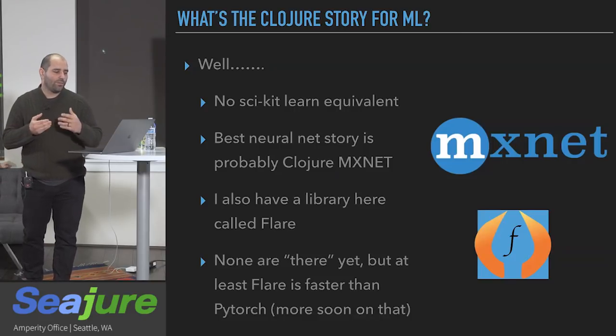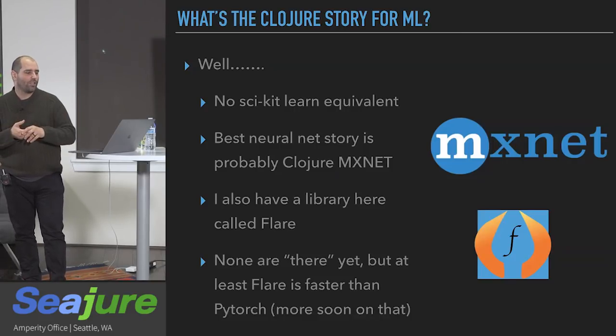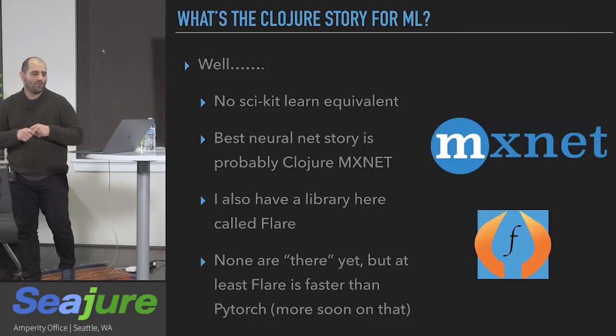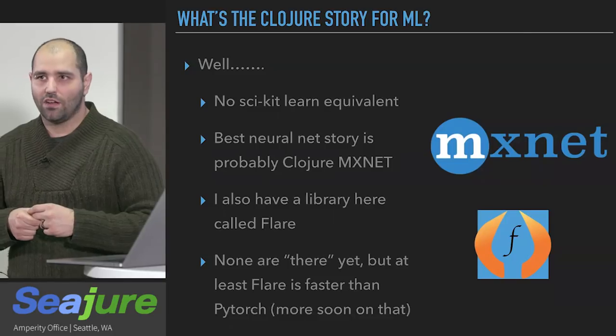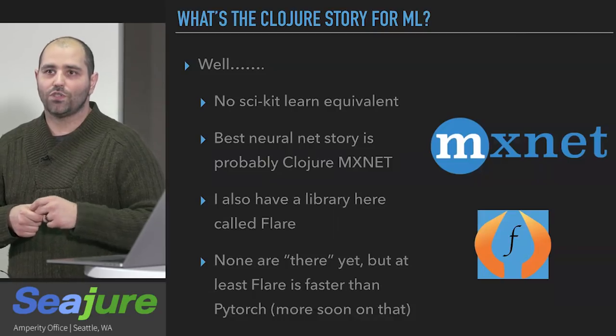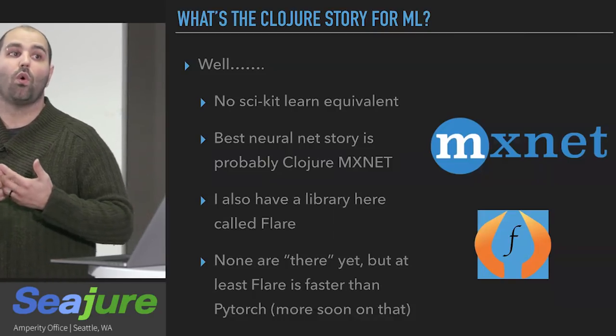I've got something that I've been trying to get people to contribute to, but I haven't had a lot of success, called Flare, that I'll show you guys again. One of the advantages, at least for Flare, is this. Having supported teams that do stuff in ML and Python for a long time, the story of productionizing these things is horrible.